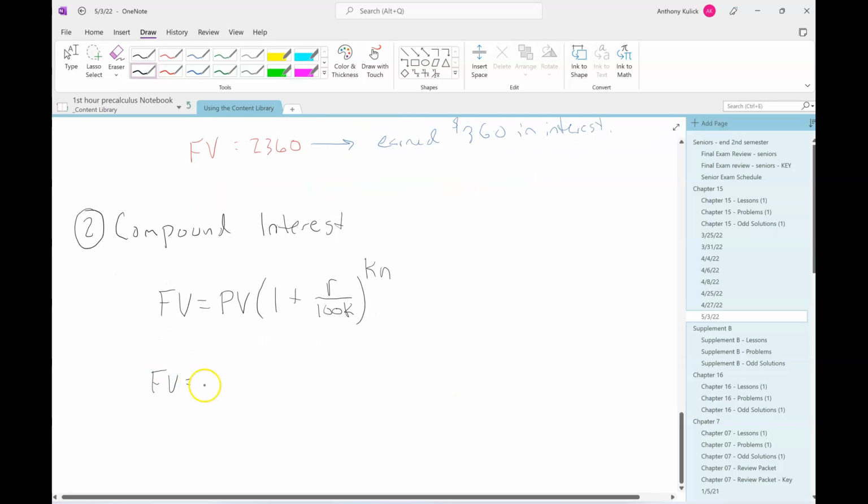So again, FV is future value. That would be what the account or loan is worth in the future. PV is the present value. That's the initial amount that you borrowed or was in your account.